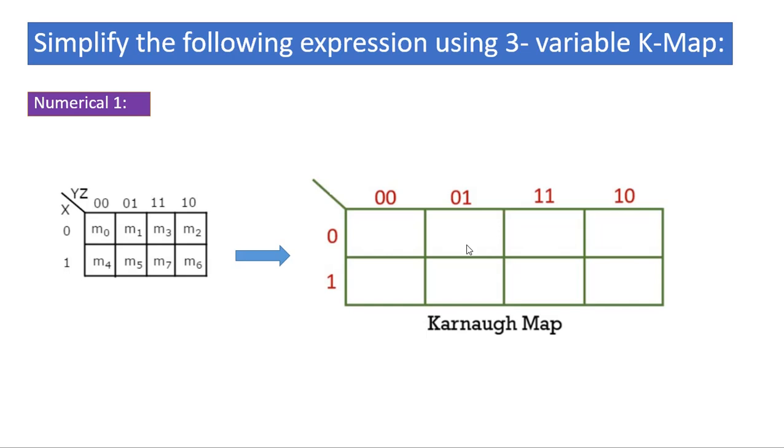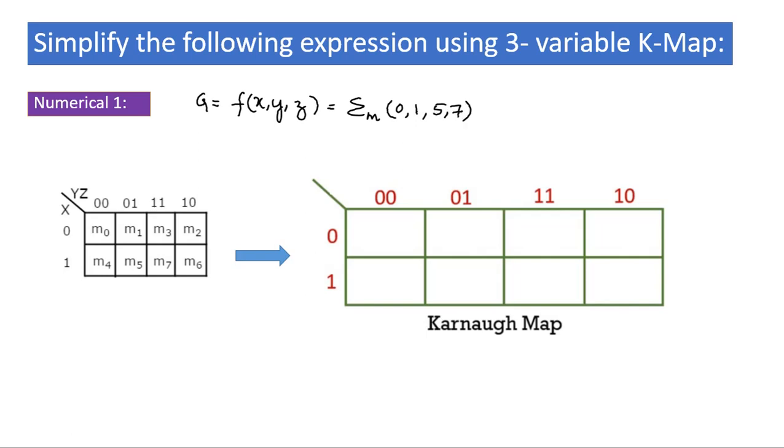So let me consider the first example wherein we are going to map the prime implicants and the essential prime implicants. We have the function g = f(x, y, z) = summation m(0, 1, 5, 7).